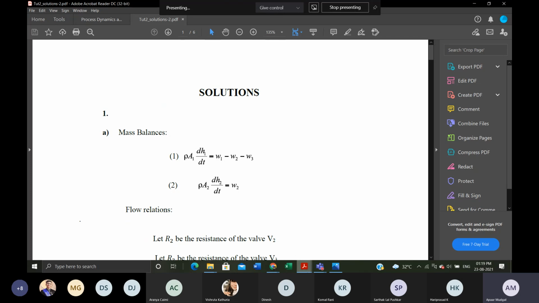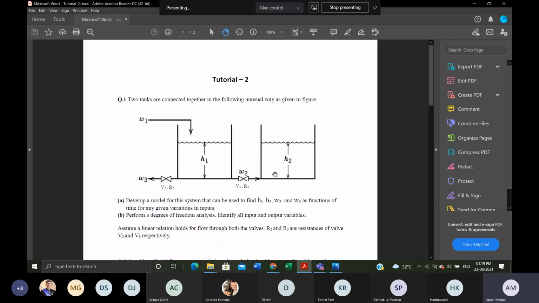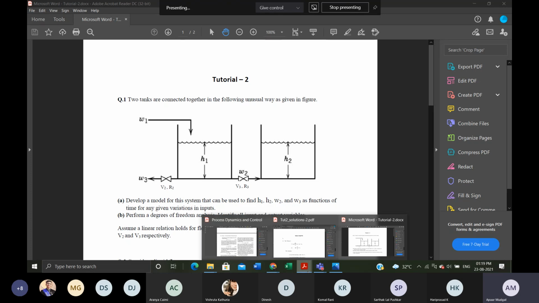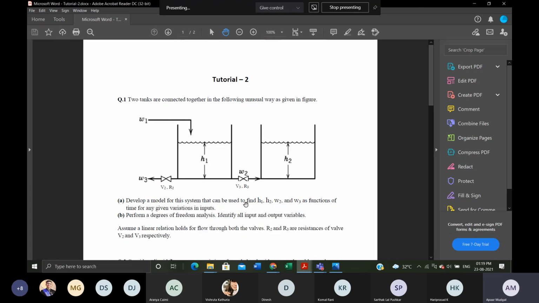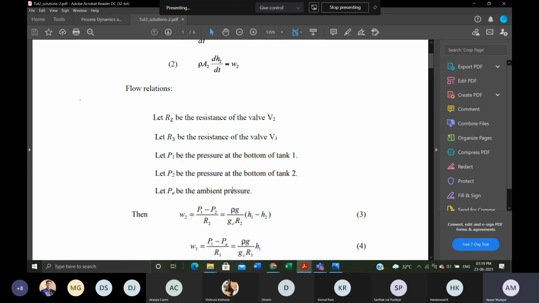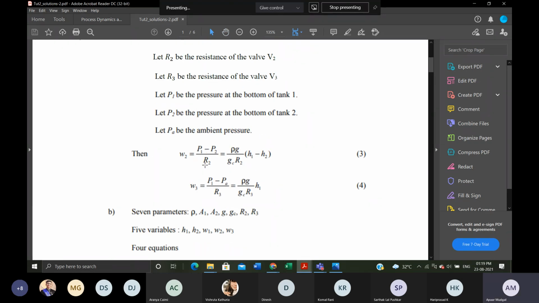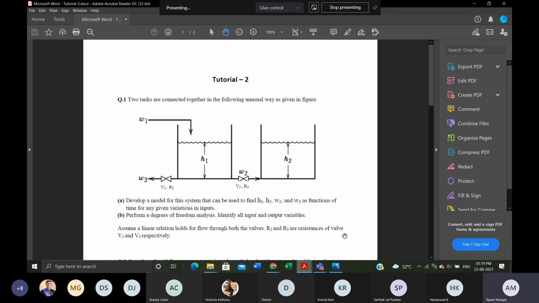Similarly for H2, there is no inlet stream, only W2 here. So dH2/dt would be equal to W2 with respect to time. For W2 and W3, we can use the resistances and model the equation as W2 equals P1 minus P2, where P1 is the pressure on the H1 height cylinder, and P2 is on the H2 side cylinder.